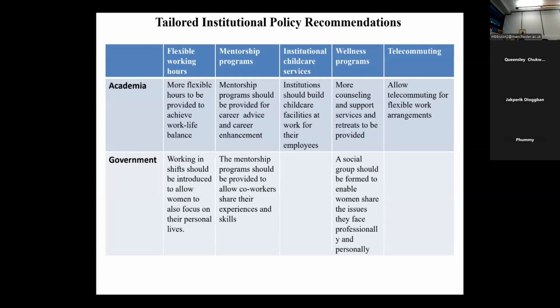Also, create a wellness program which enables women to share issues that they face personally and professionally. And lastly, institutions should try and build a childcare facility at work for nursing women in mathematics, which can enable them to put their energy in their work and at the same time be able to check on their child during break.